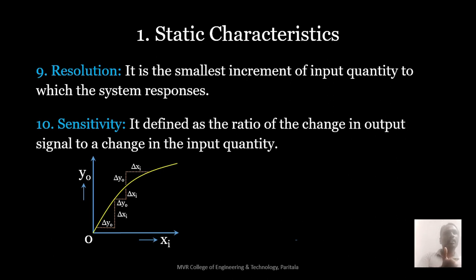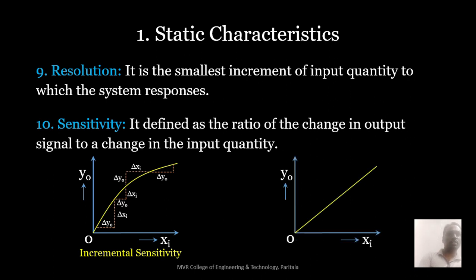Here also is another range. So we have to cut that curve into different ranges so that we make it somewhat linear up to certain ranges. This can be called incremental sensitivity. And one more thing is there, which can be called linear sensitivity. Here, from zero scale to full scale it was completely linear.